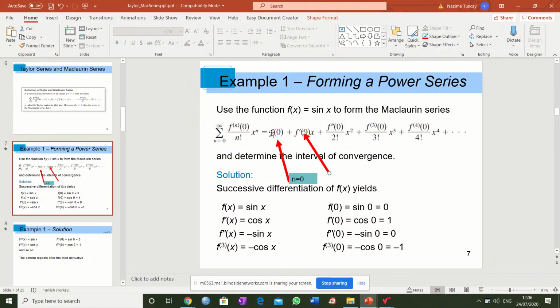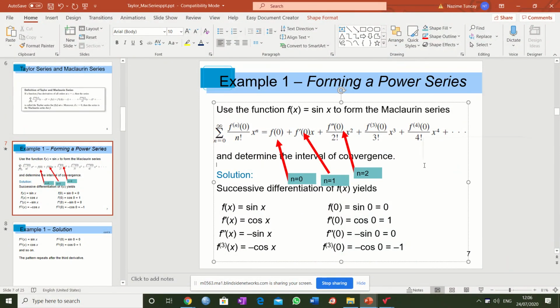Now be careful. This is n equals 0, this is n equals 1, this is n equals 2, and this is n equals 3.